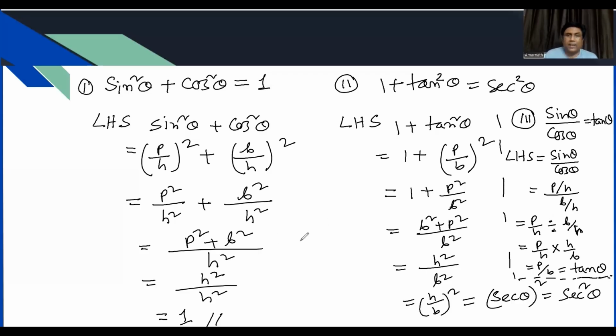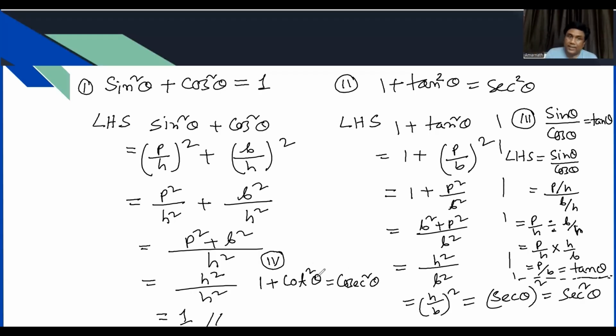So one third relation I am giving you, if possible, you can try it. Okay. Fourth equation, you please try. 1 plus cot square theta is equal to cosec square theta. And remember, cot theta is already I have written, reciprocal of tan theta.